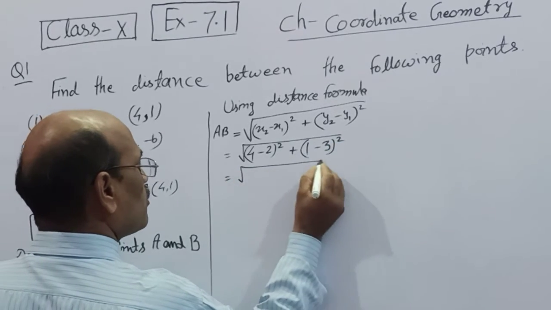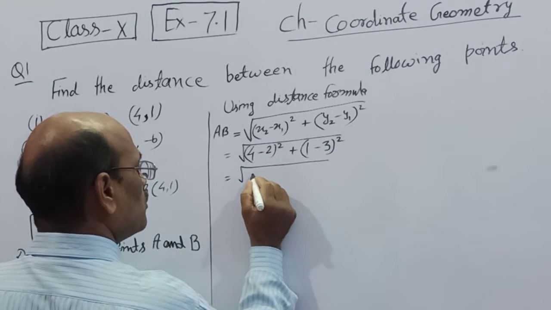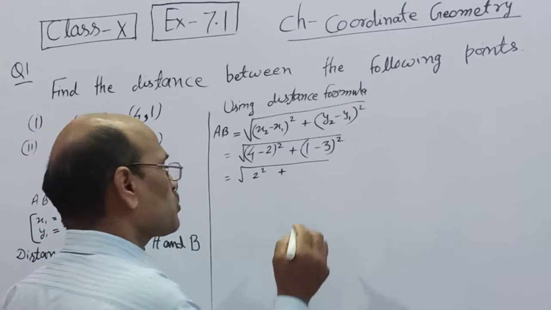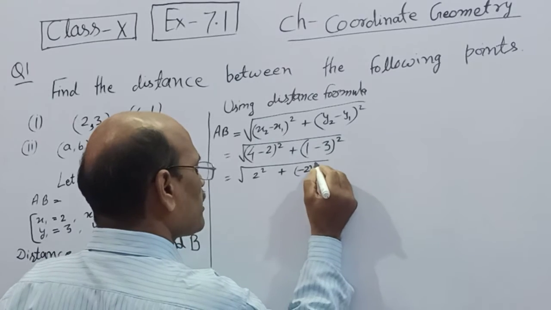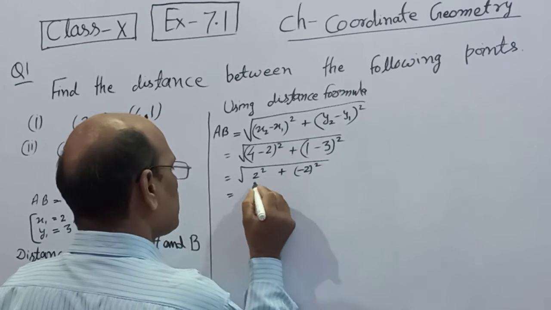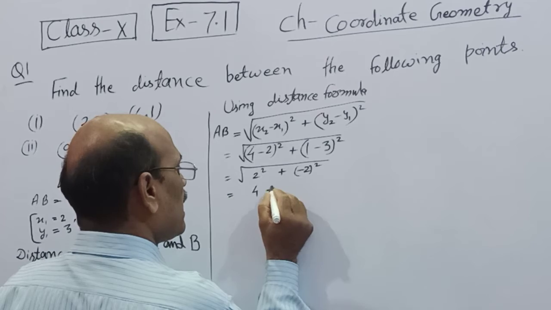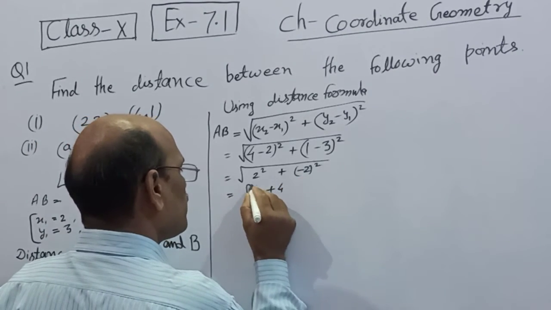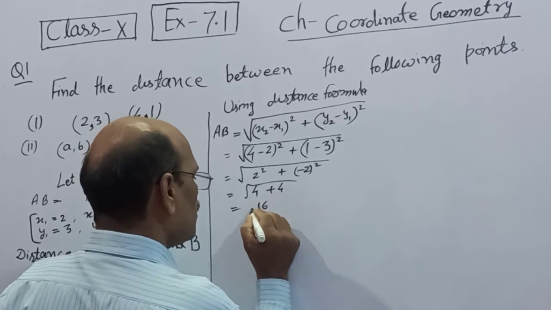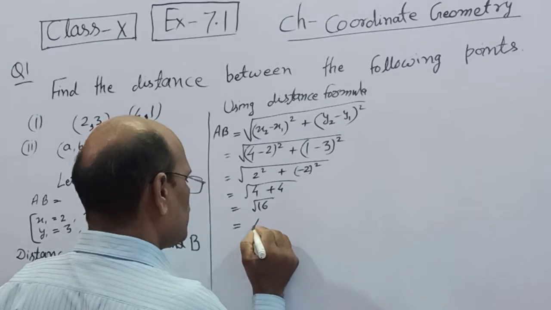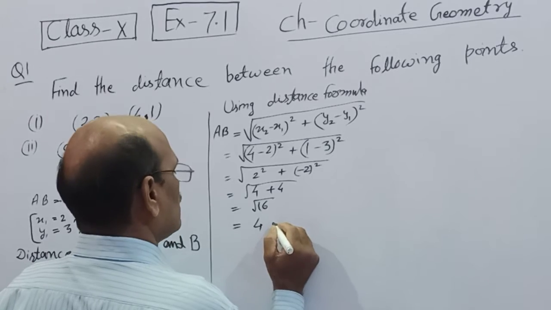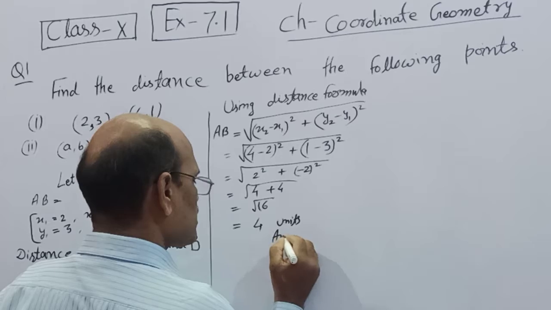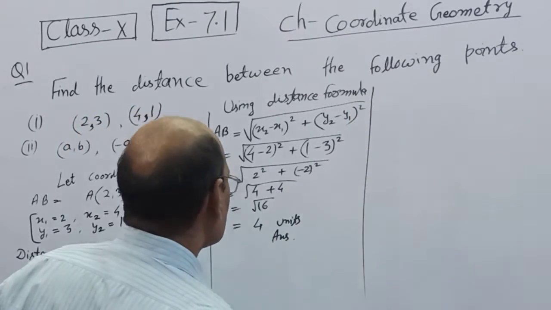Under root 4 minus 2 square plus 1 minus 3, that is minus 2, whole square. It means 2 2 is 4 plus minus 2 whole square, 4. Right, 2 2 is 4, it means root 16, it means it is 4 units. This is the answer.